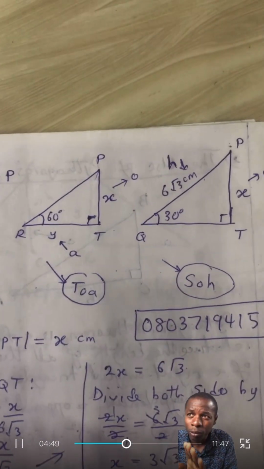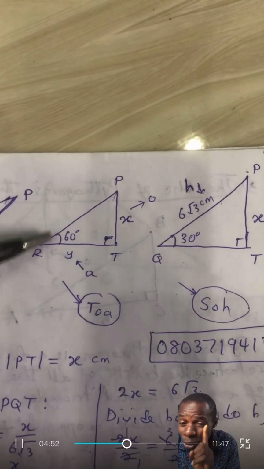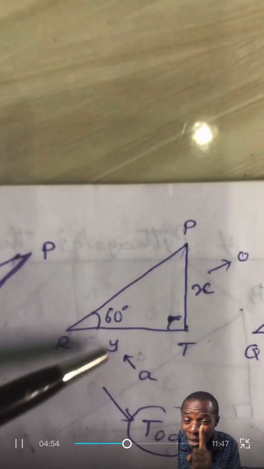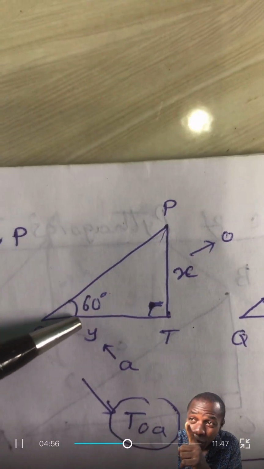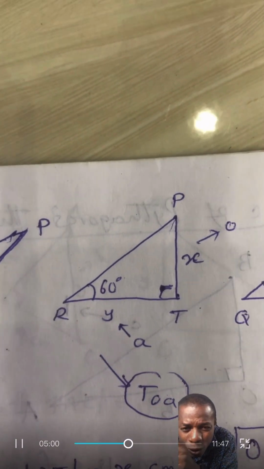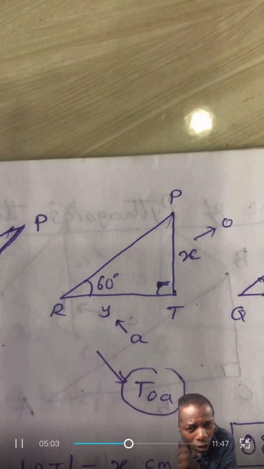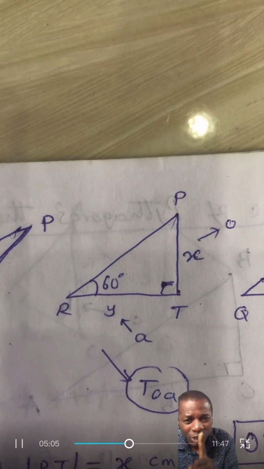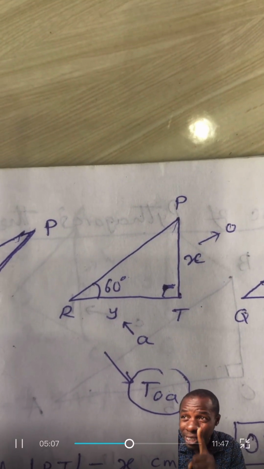Now the first one, we have just one known value, which is what? Angle 60 degrees. So a question like this can be a bit hard to solve, because it has only one value, which is 60 degrees.